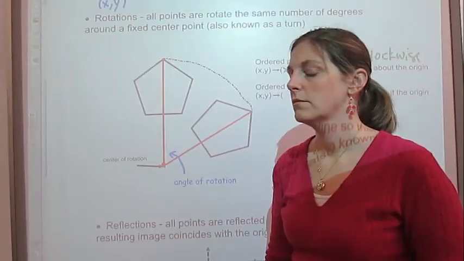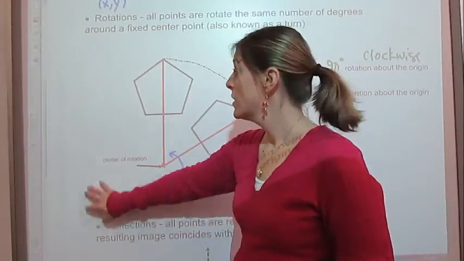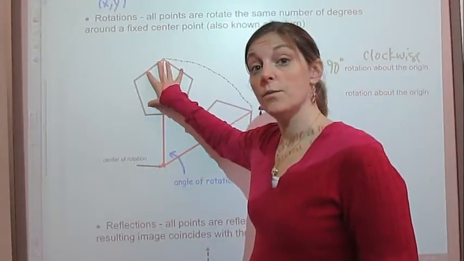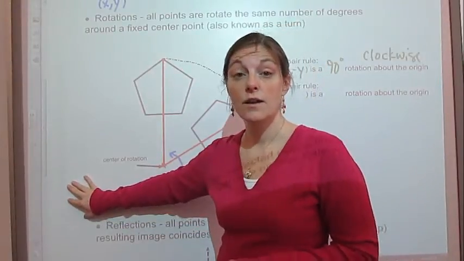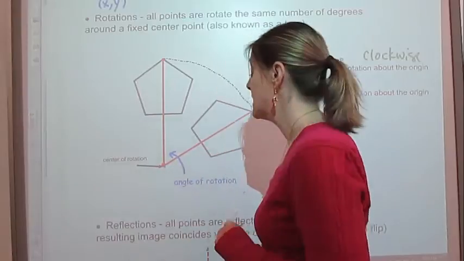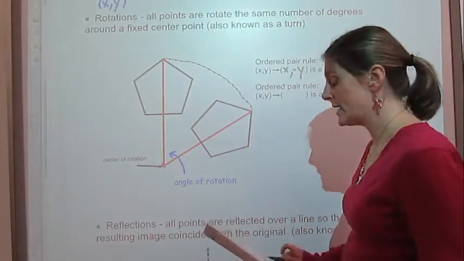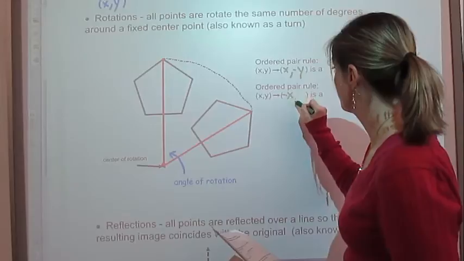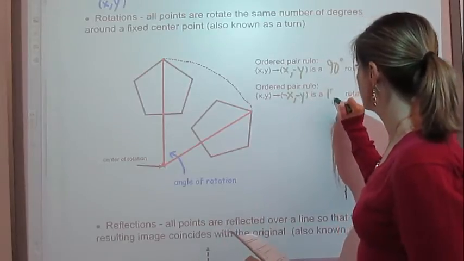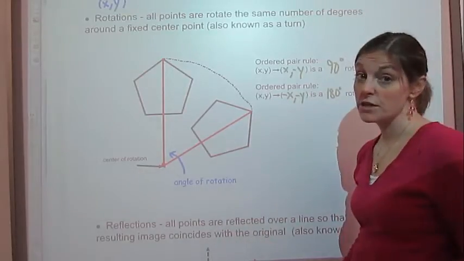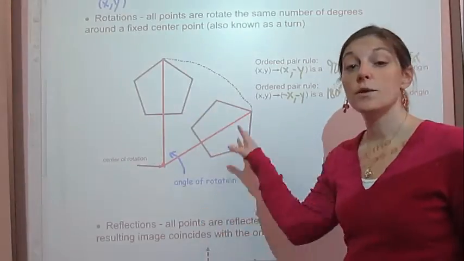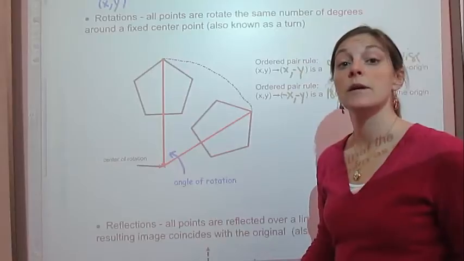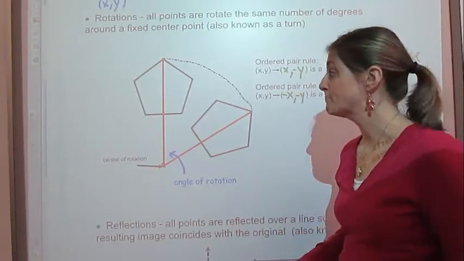Thank you. 180 degrees, if you're in the first quadrant, 90 degrees would put you into the fourth quadrant, so then another 90 would put you into the third quadrant, and that changes your x and y's to both negative. So that's 180 degrees, and actually for 180 degrees, it doesn't matter if you go clockwise or counterclockwise, it's still going to be the same mapping.